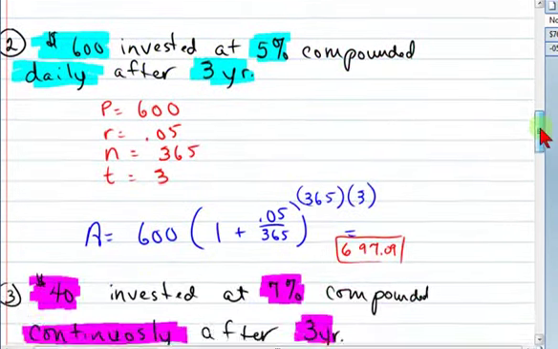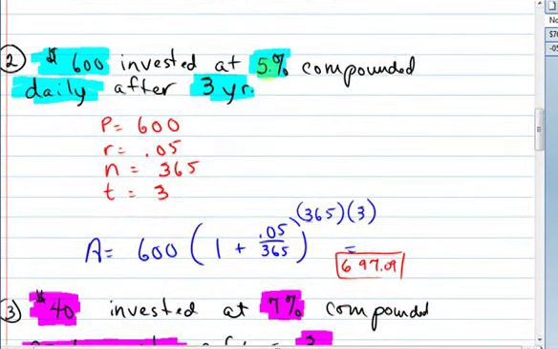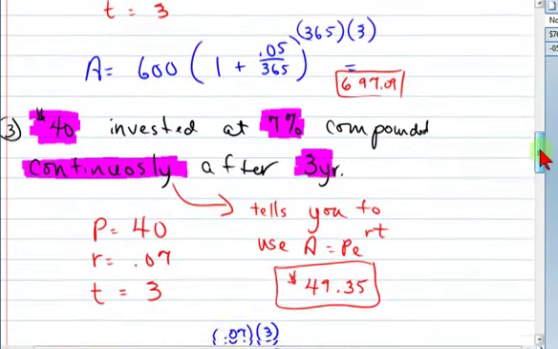Your next one, $600 invested at 5% compounded daily after 3 years. P is 600, R is 0.05, N is 365, and T is 3. So here we've just put it in the formula, work it on your calculator, make sure you get 697.09. Make sure that you can do that. How about this one? $40 invested at 7% compounded continuously after 3 years.